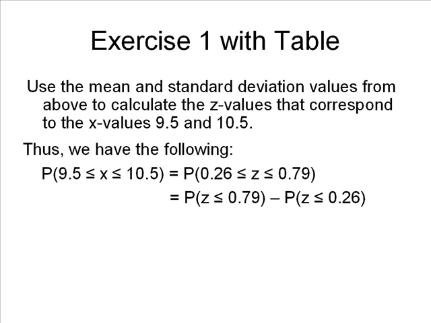Therefore, we have the probability that z is between those two values. Probability that z is less than or equal to the large one minus the probability it's less than or equal to the small one, because of the way the table is set up to give us the probability to the left of the z-value. We take a look at that in the probability distribution table and we would see where these two values come from.